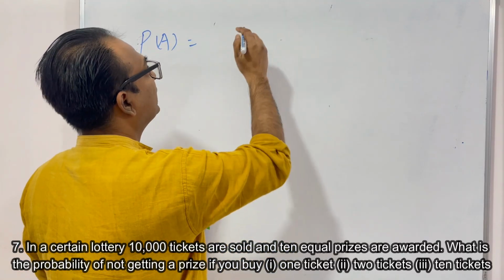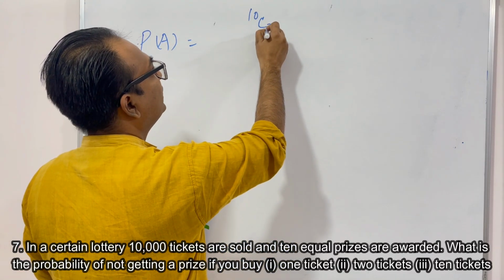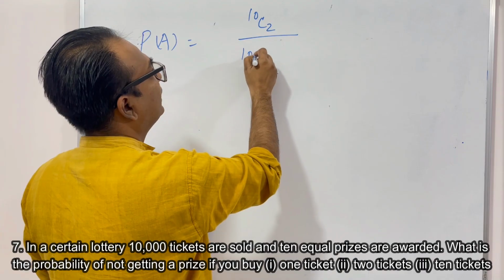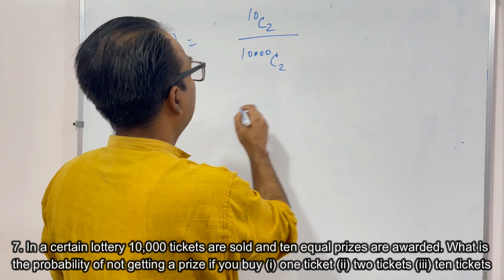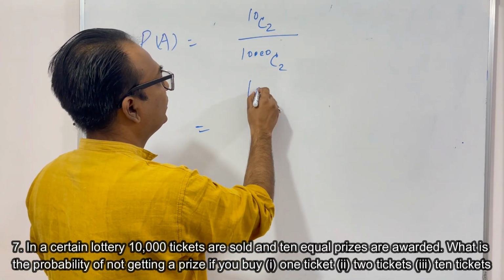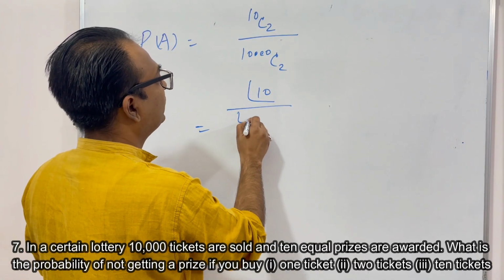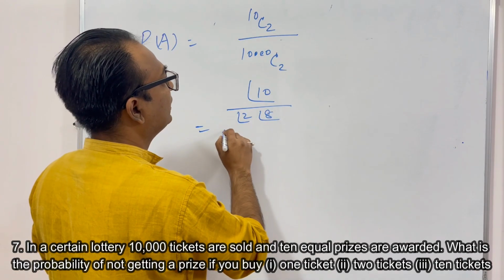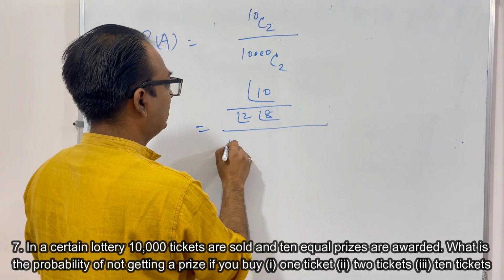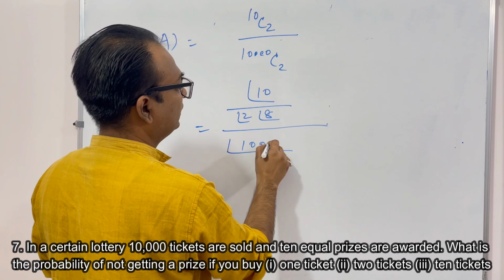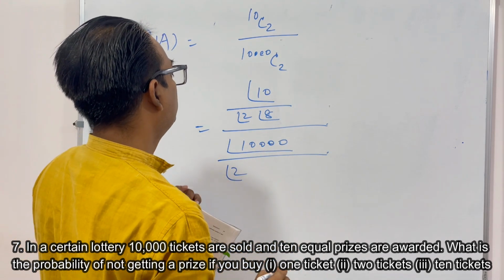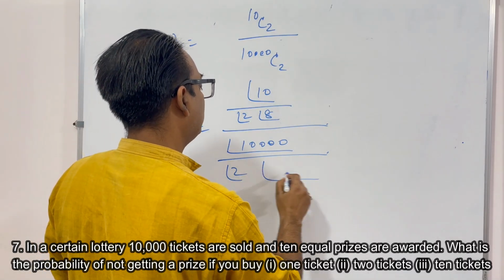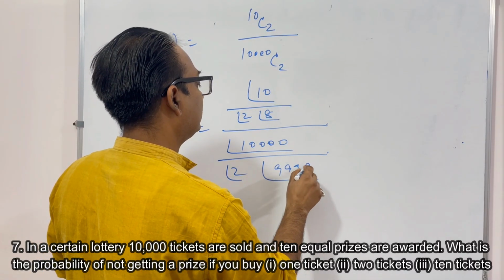You have bought 2 tickets, so it is 10C2 over 10,000C2. What will it be? Factorial 10 by factorial 2 factorial 8, by factorial 10,000 by factorial 2 factorial 9998.